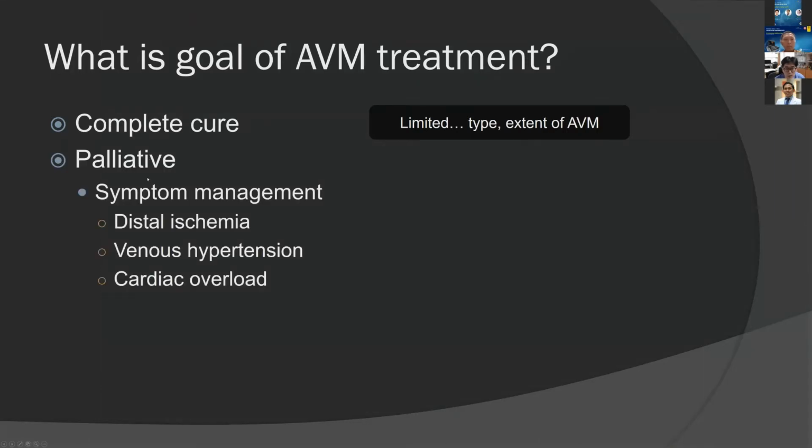Most of our procedures are performed for the palliative purpose to decrease distal ischemia and venous hypertension and prevent cardiac overload. And also for the patient, cosmetic problems are big issues. So plastic surgery or laser therapy for the head and neck or facial AVM is needed.